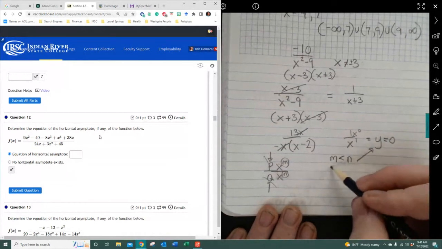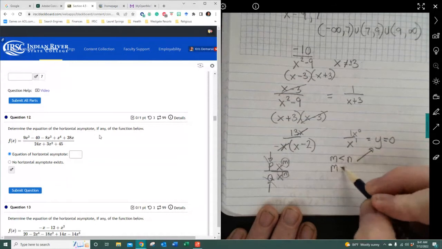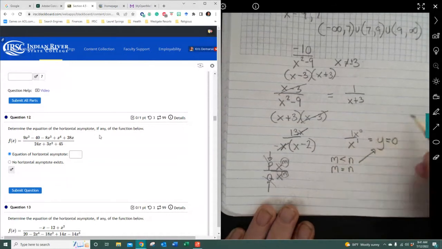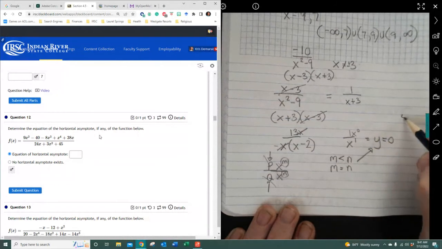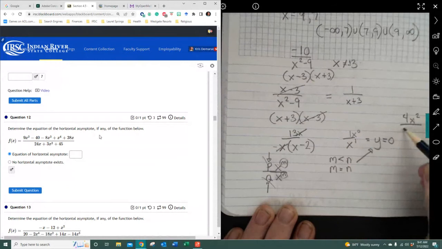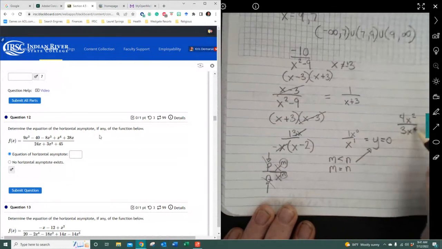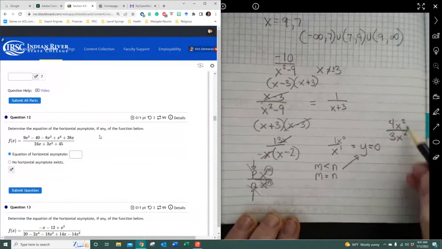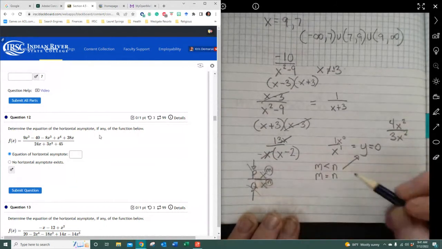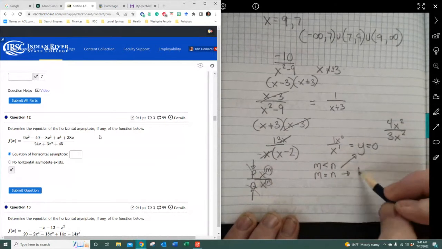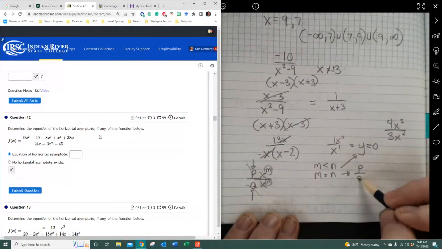Now, if they're equal to one another, so you have, for example, 4x to the second, and then 3x to the second. They're equal to each other. Then that means that you take the ratio of the leading coefficients as a fraction.